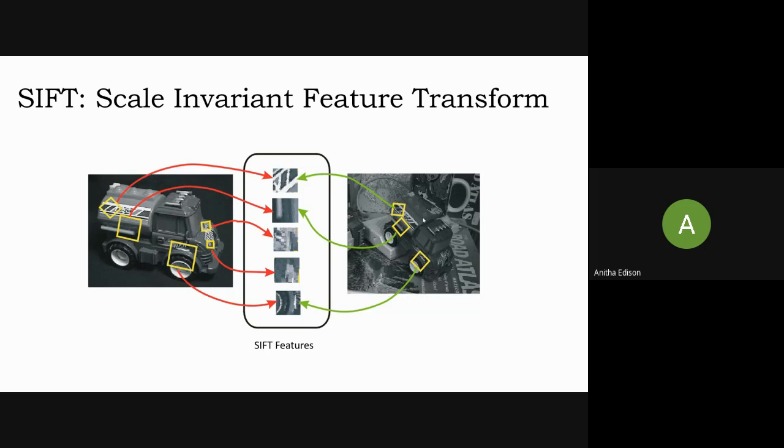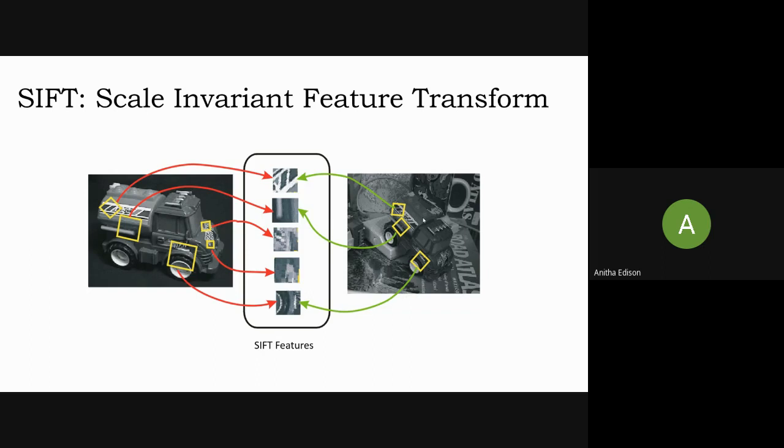Those kinds of numbers are called feature descriptors. The most popular feature descriptor is called scale invariant feature transform. As I've said, you can extract edges and corners. They have a lot of information and are good features, and corners are the most prominent features. But even those are not enough to make a computer identify that two images are the same or to classify an image. We need something to describe that particular point or corner.